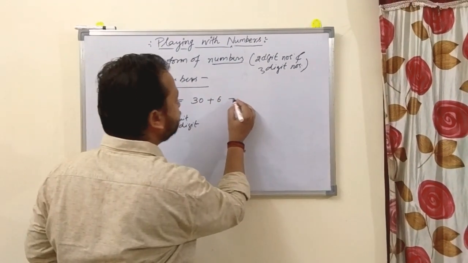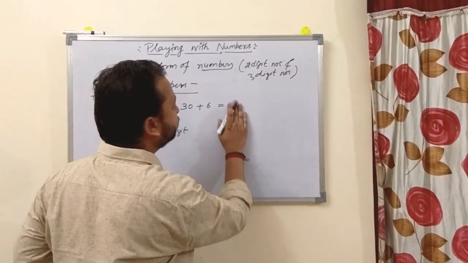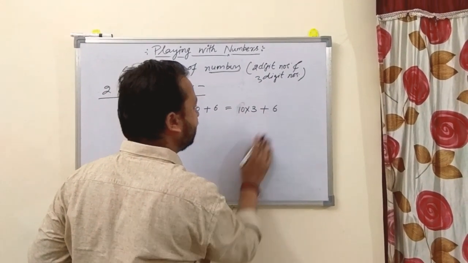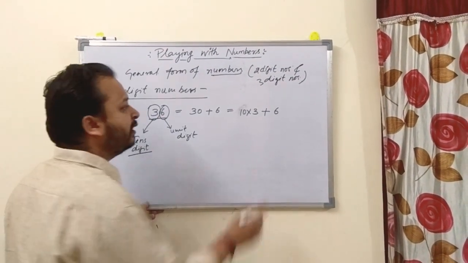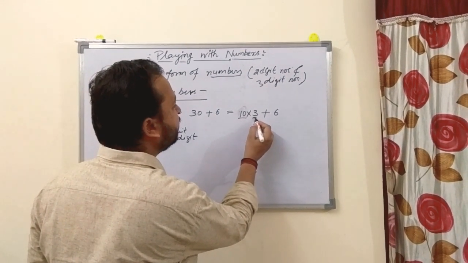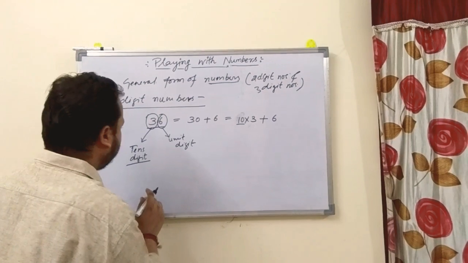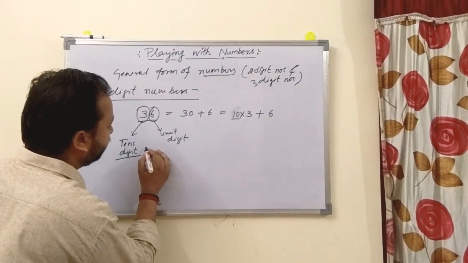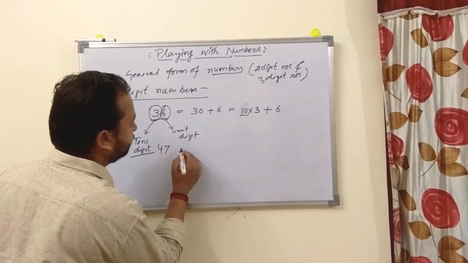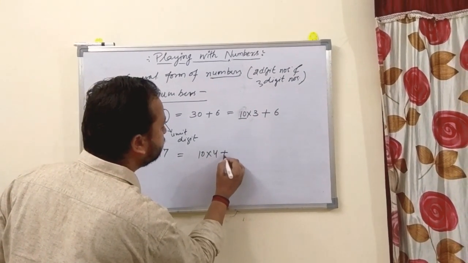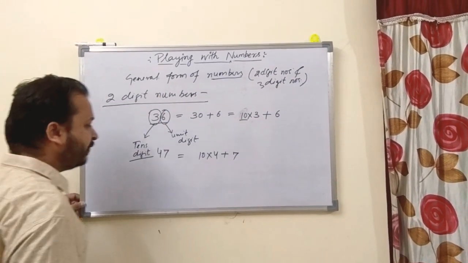So 30 plus 6, you can also write as 10 multiplied by 3 plus 6, right? Why 10? Because it comes at tens place. If we take another number, suppose 47, you can write it as 10 multiplied by 4 plus 7.